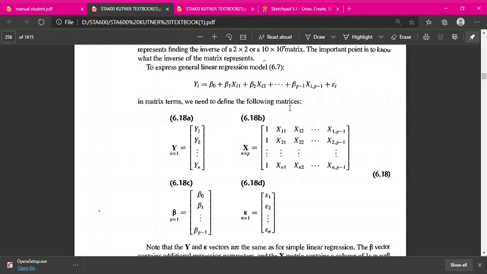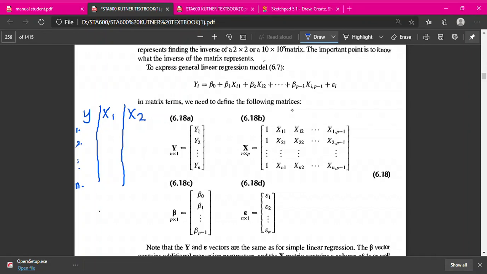The second column here will be the observations for x1, for example. Let's say we have column y, and for example I take two independent variables. So you will have observations 1, 2 up to n. We will have a column for y, observations for x1 and also observations for x2.